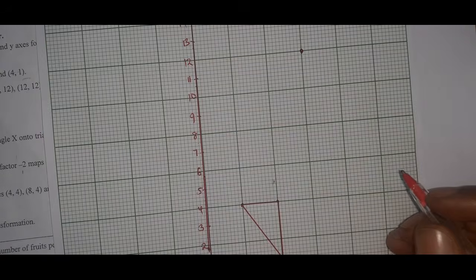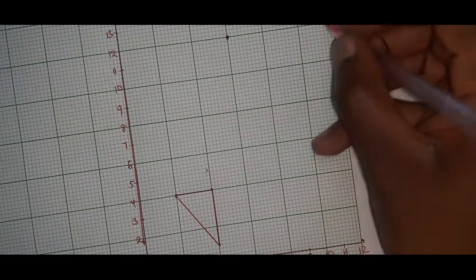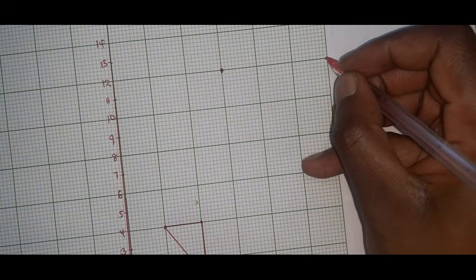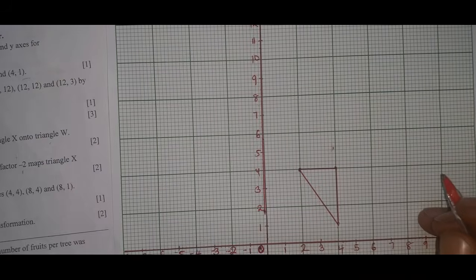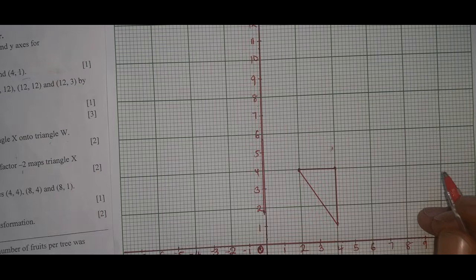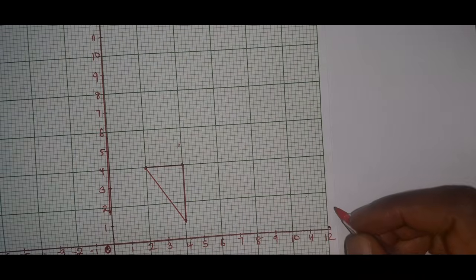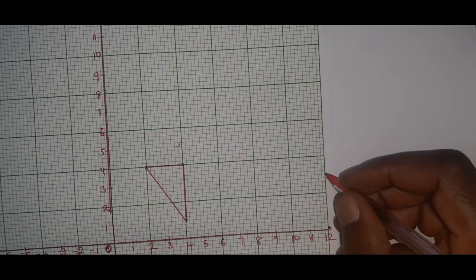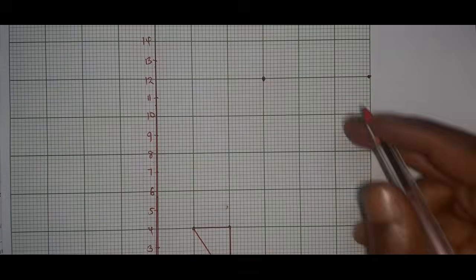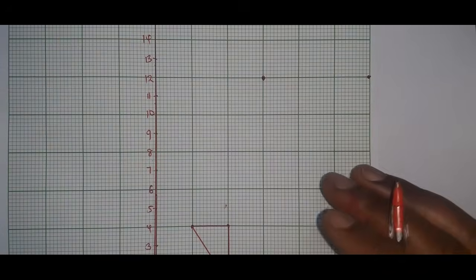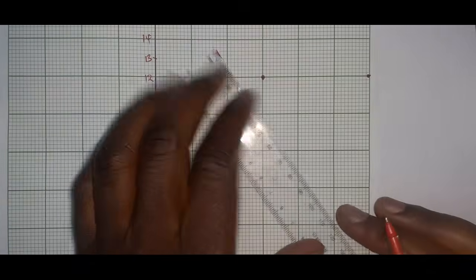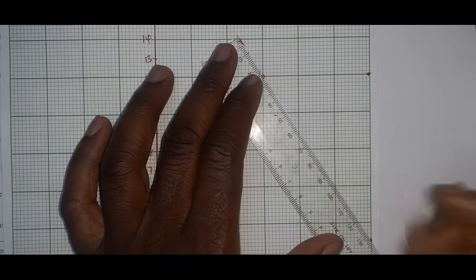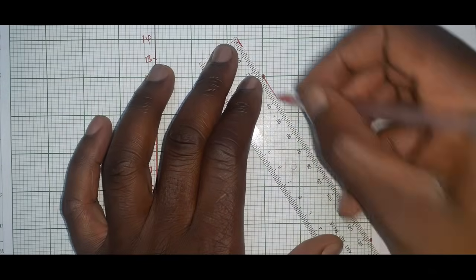Then 12, 12, this point here. Then 12, 3. 1, 2, 3, 4, 5, 12, 3. So we also join these 3 points here so that we form a triangle.